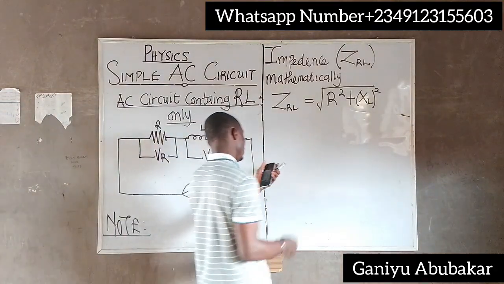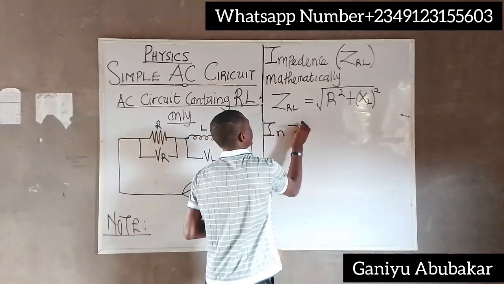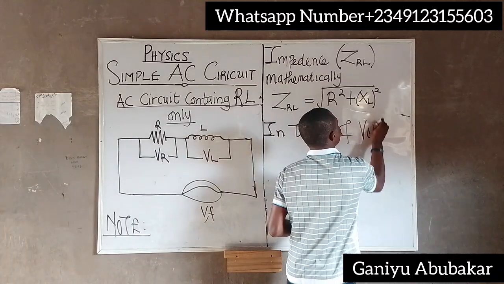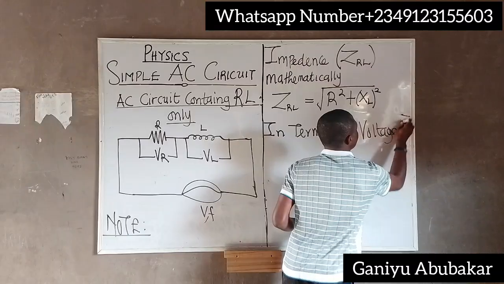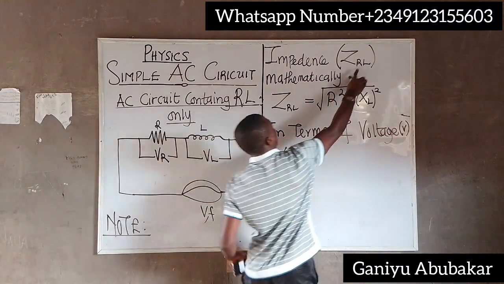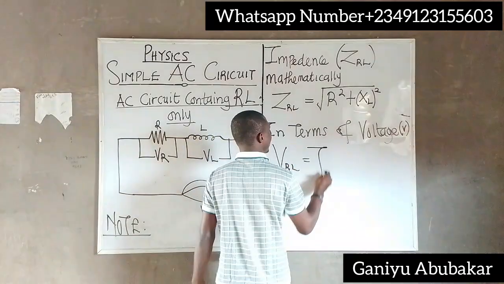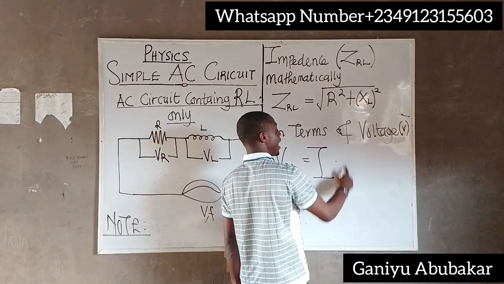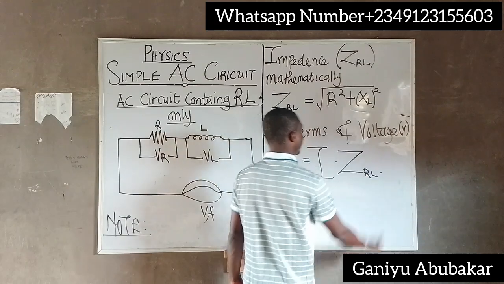Also note, in terms of voltage, VRL is equal to current I times the impedance ZRL.